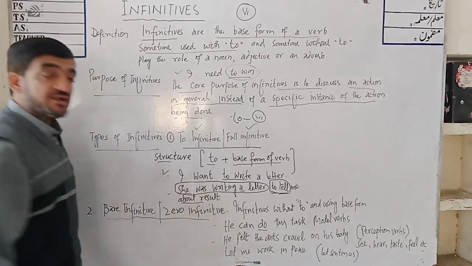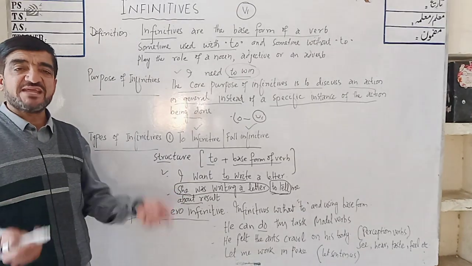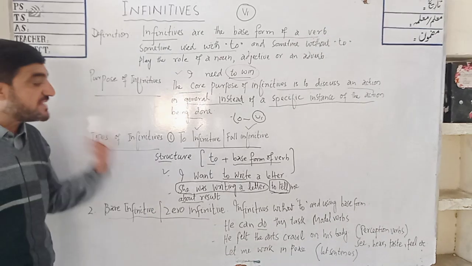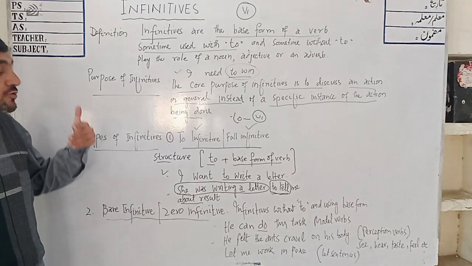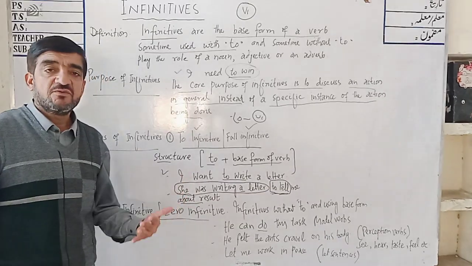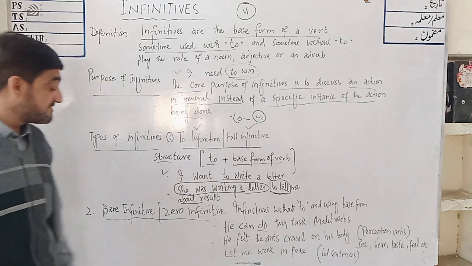It means that the action has not taken place. It is just an intention. It is just an idea in the mind of the writer to share the result with me by writing a letter, but that letter is not written.